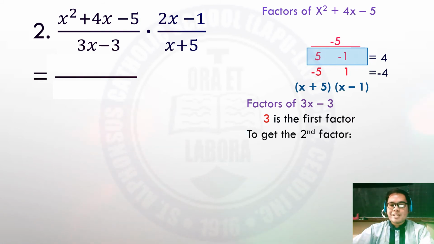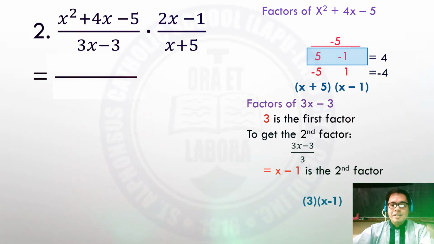To get the second factor, we are going to divide our given 3x minus 3 by the first factor, which is 3. So that is why we have 3x minus 3 divided by 3, and the answer is x minus 1, the second factor. So we have 3 times x minus 1 as the factors of 3x minus 3.